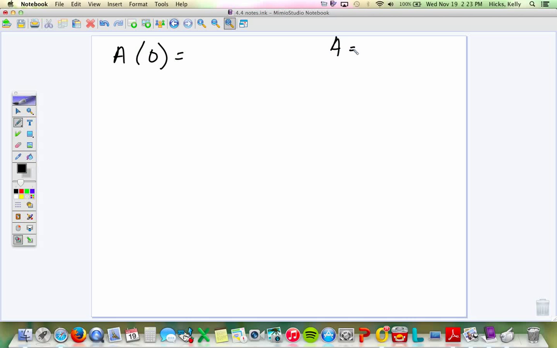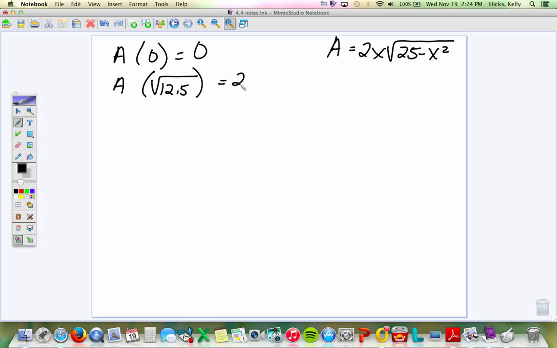When you plug 0 into here, here's my area equation, you get 0. If you plug the square root of 12.5 in, you end up with 2 times the square root of 12.5 times the square root of 25 minus, I keep forgetting to put the square root on this, squared.